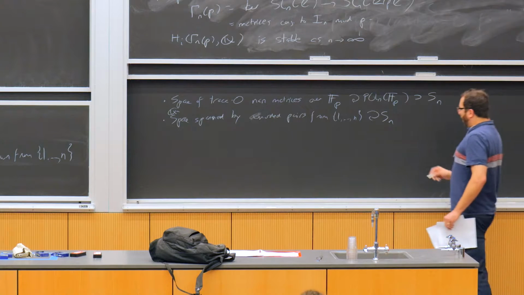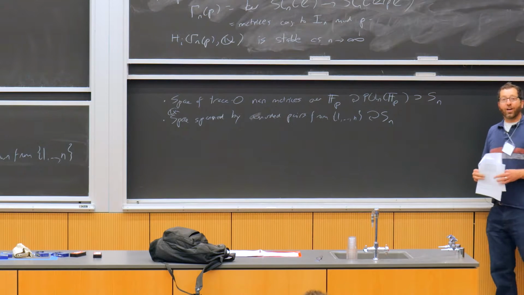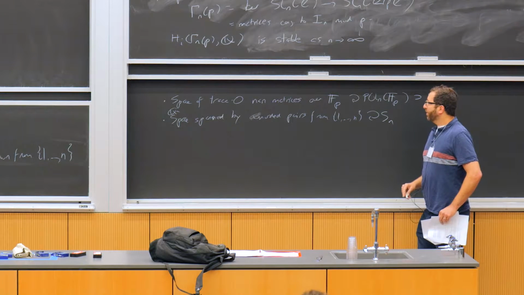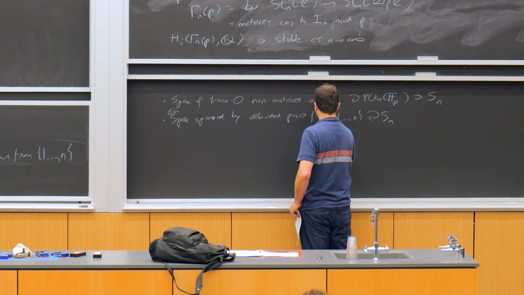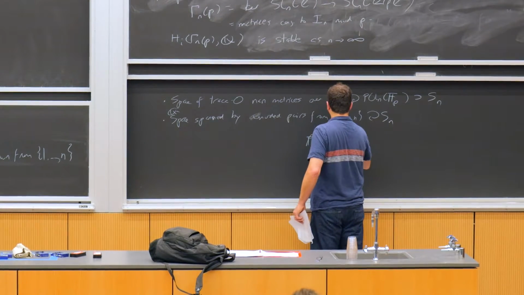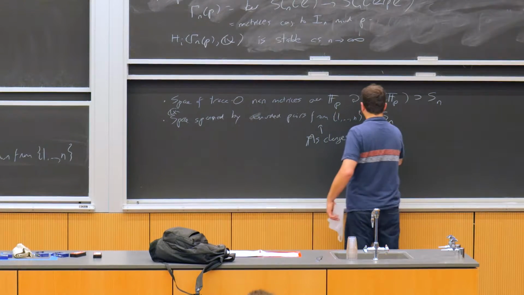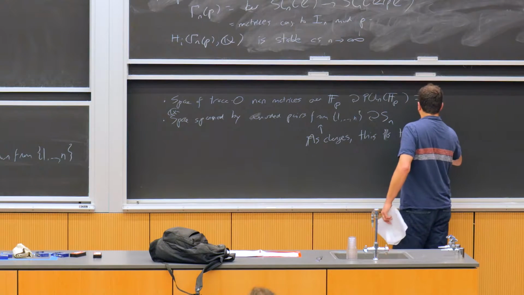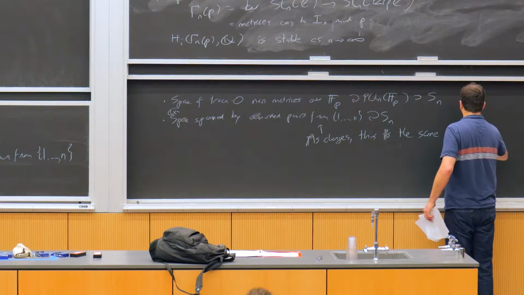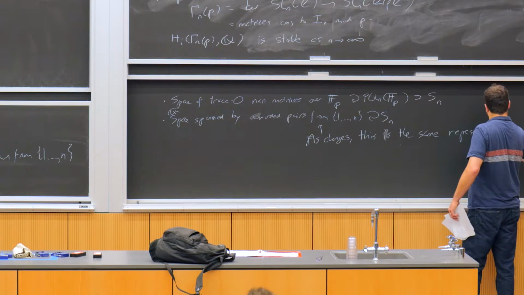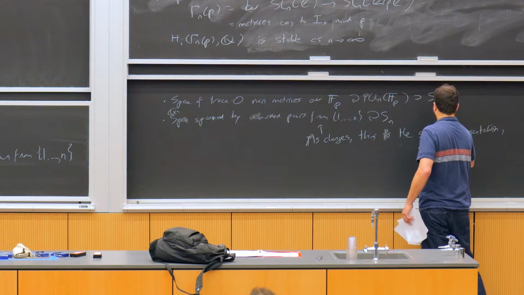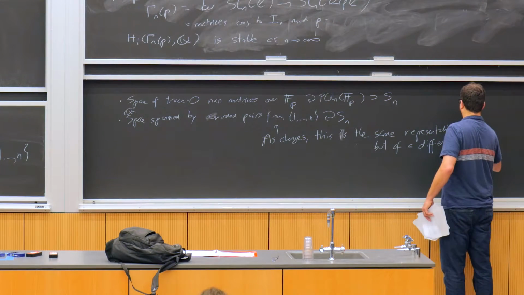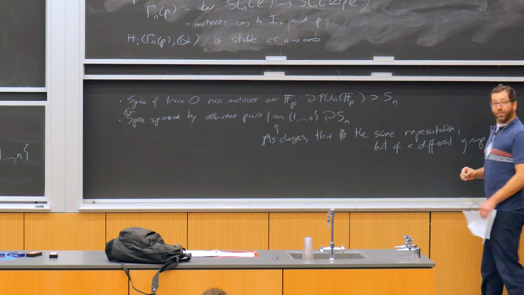The point is that both of these things carry actions of a group. And now I want to say something weird. Let me do it for this case. So as n changes, what I want to say is that this is the same representation, but of a different group.